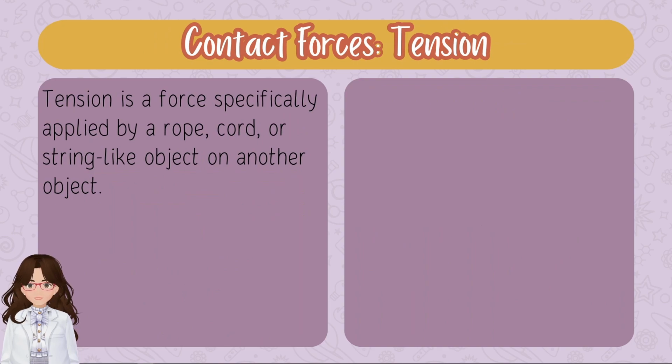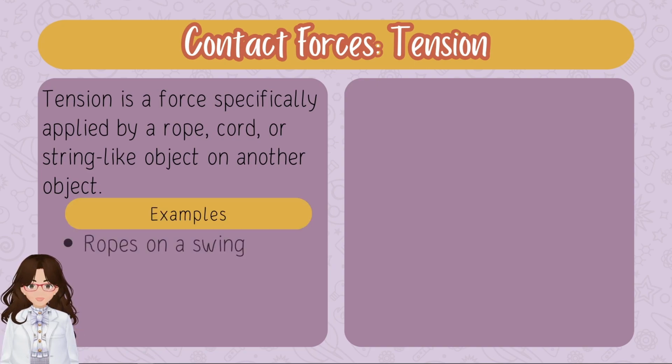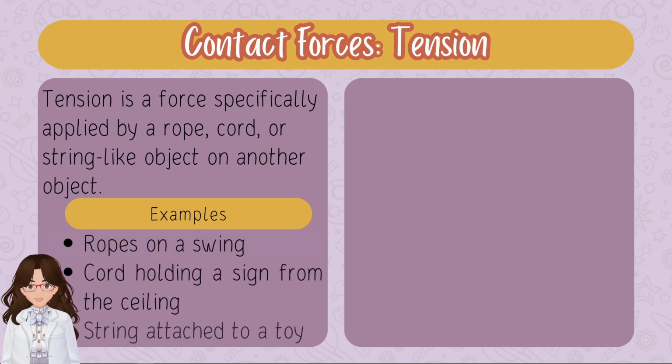Now let's look at tension. Tension is a force specifically applied by a rope, cord, or string-like object on another object. Oftentimes it's attached to an object with mass, and that's where the tension comes into play. Examples of this would be ropes on a swing, cord holding a sign from the ceiling, or string attached to a toy.